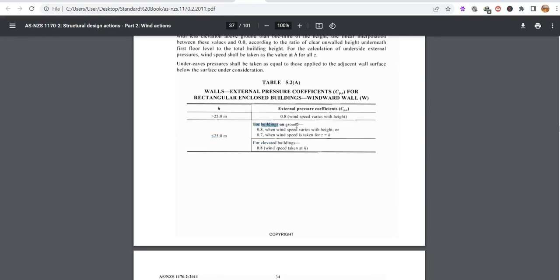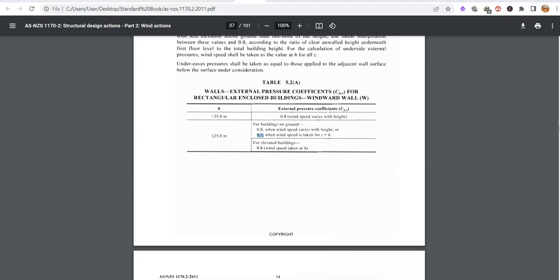For building on the ground, when the wind varies with height, or 0.7 when the wind is taken at height z. So because I have specified my z value, which is equal to 6.181, I've rounded to 6.2. So I'm going to consider my Cpe value for wall, which is 0.7.